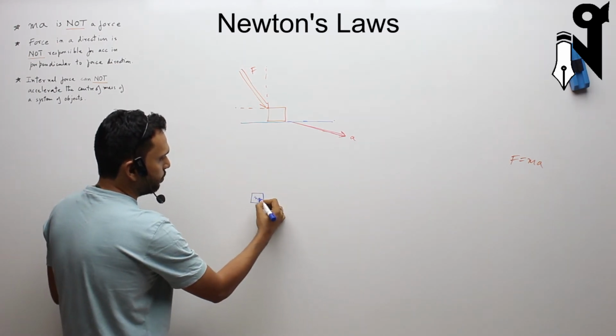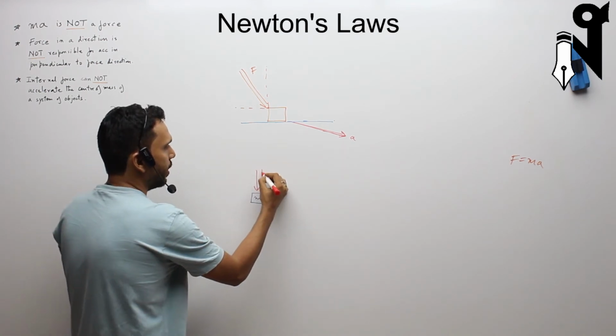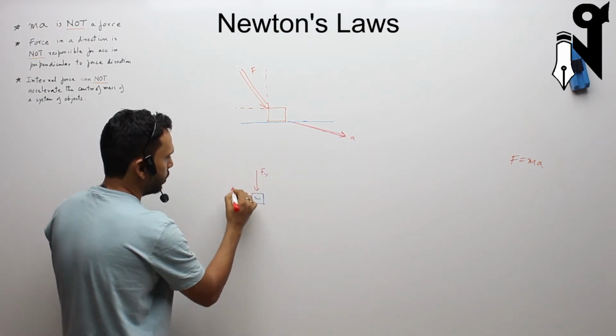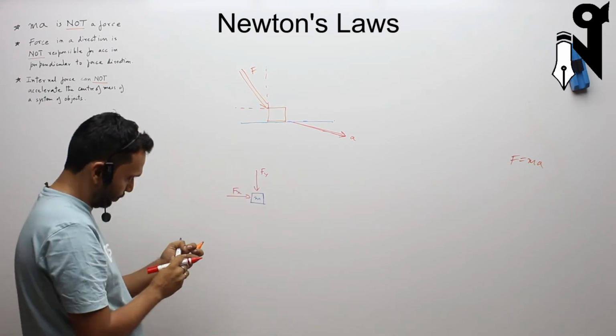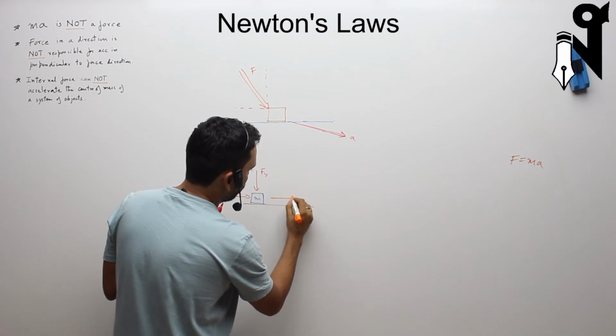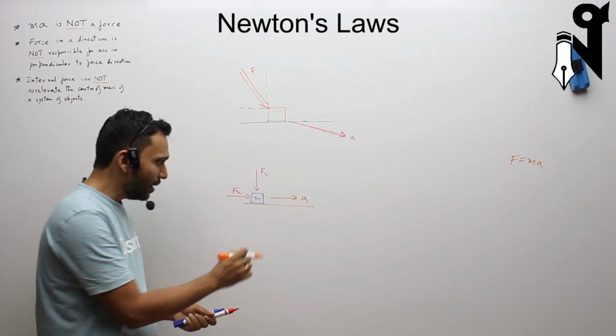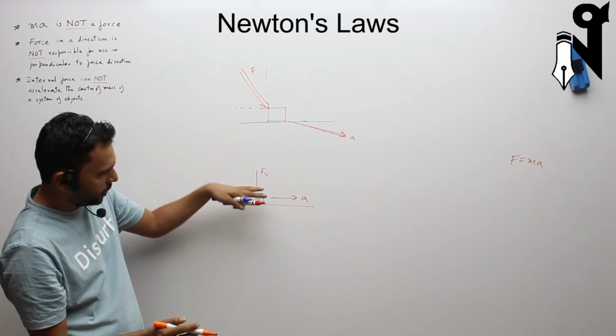There's a certain mass M and you have a force Fy vertical and a force Fx horizontal. Now suppose I know for sure that the body is going forward with a certain acceleration A because there was a platform which it cannot go through.